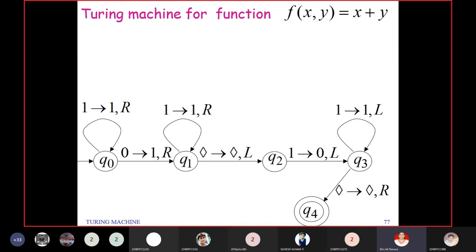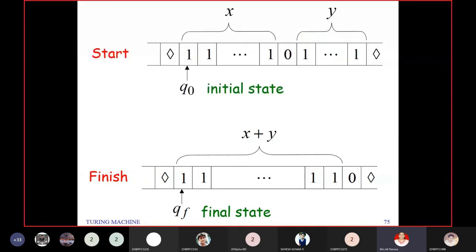What you are supposed to do is go through all the ones in x and move right. When you reach the 0, you convert it, because you have to get the ones continuously, and in between you have the separator 0. You need to convert that 0 into 1, then move forward. I'll show you the configuration so that you can understand it.